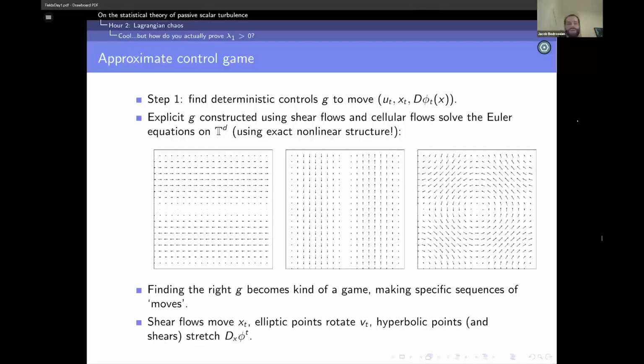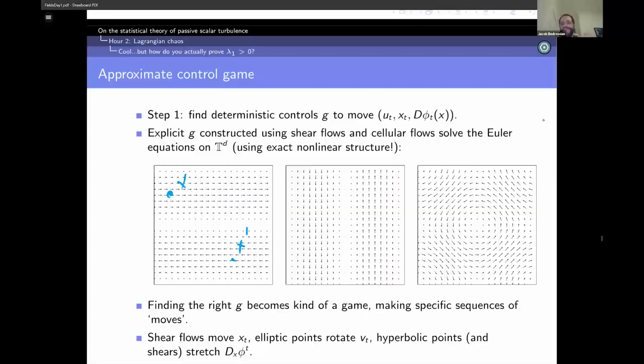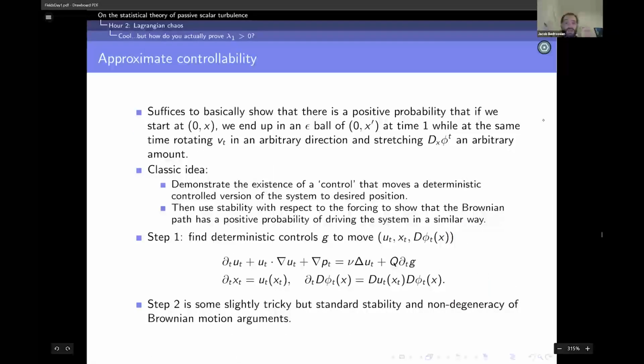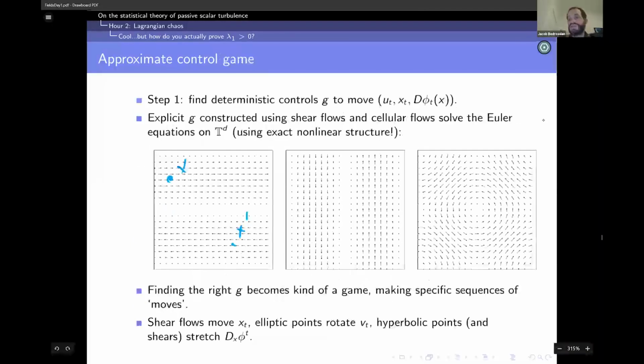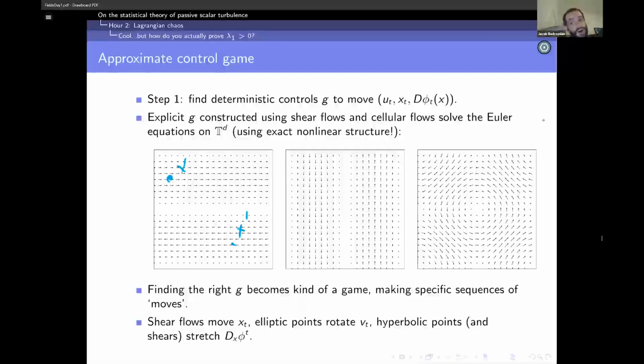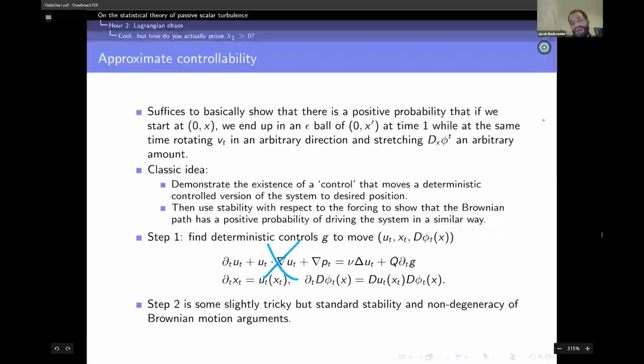So for example, if you wanted to move one particle to some other position, the one nice thing is that because we're on a torus, shear flows, so eigenmodes of the Laplacian, are both exact, so they zero out the nonlinearity, and they're eigenmodes of the Laplacian.